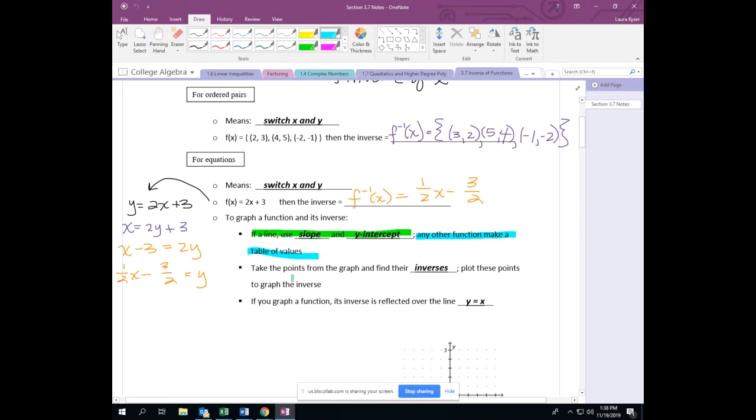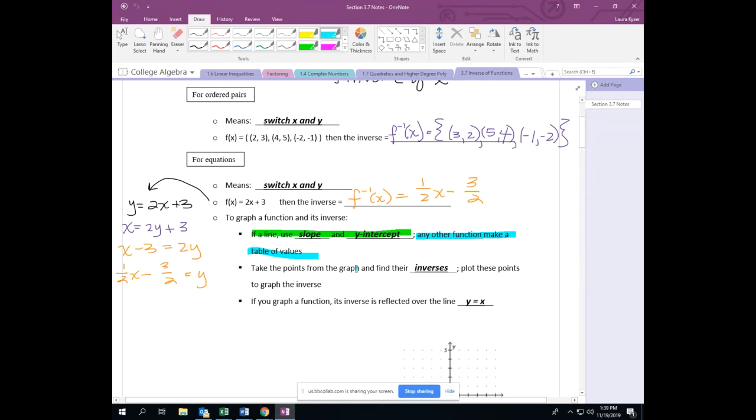Now, what's nice about graphing a function and its inverse is that if you make ordered pairs for the original function, all you have to do is flip-flop all of the ordered pairs to be able to graph the inverse. So you don't have to solve for two separate tables.